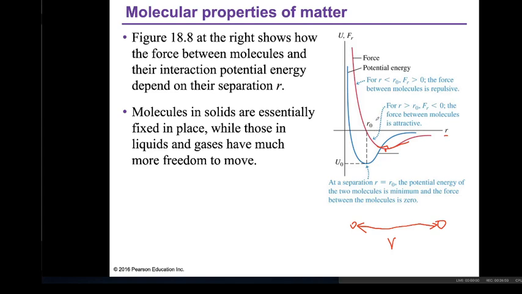As we know, for those two molecules or any other systems, systems prefer to be at the lowest energy position. So for this system, which contains two molecules, they also prefer to be in the lowest energy position, which is at the distance of R0.